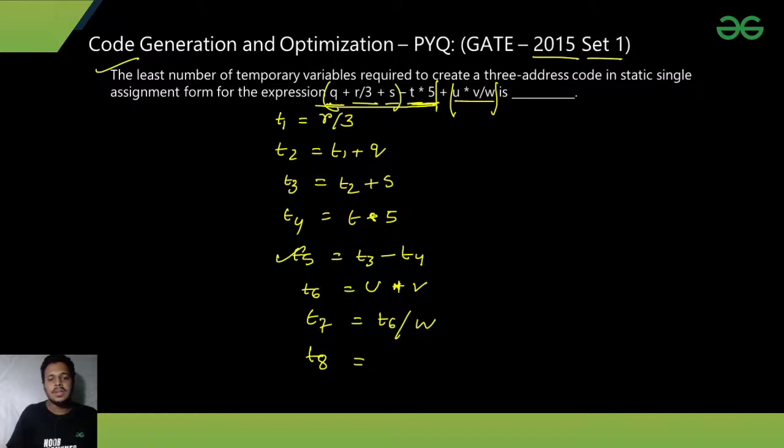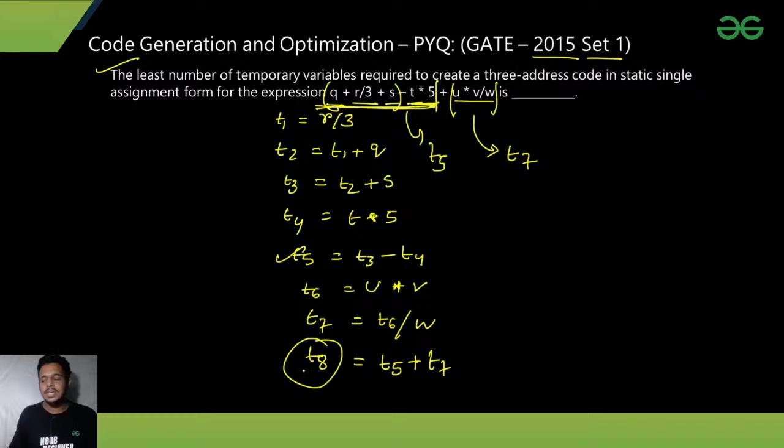Up to this part it was t5 and this whole part is basically t7. Okay, so t8 is going to be our final answer and it is t5 addition to t7. So t8 is going to be our last temporary variable.